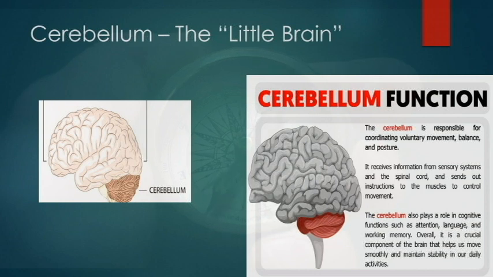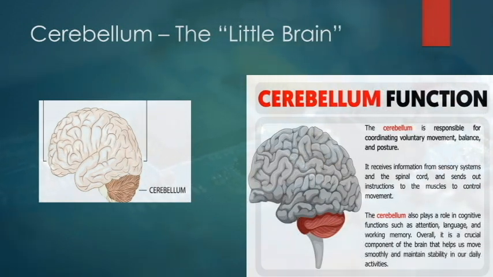This can be anything from sitting down, to writing, to picking up a glass, to playing a musical instrument. It also has to do with maintaining our balance and our posture. It processes sensory information from the inner ear, muscles and joints, adjusts our body posture and makes very swift corrections to help prevent us from falling.